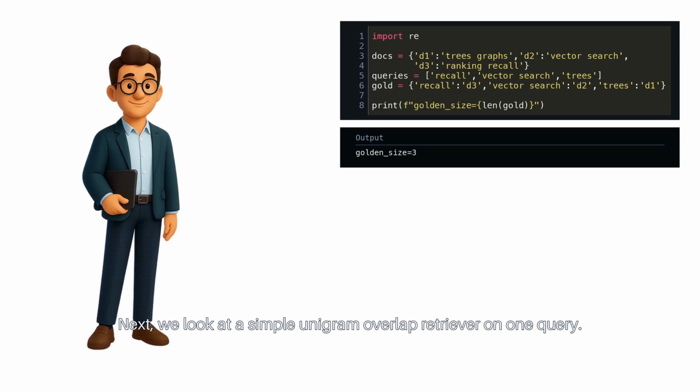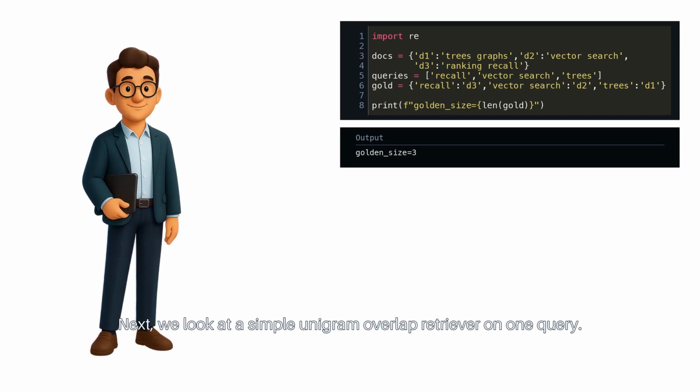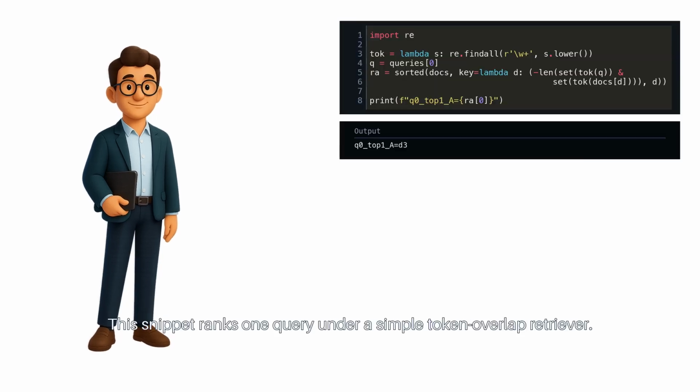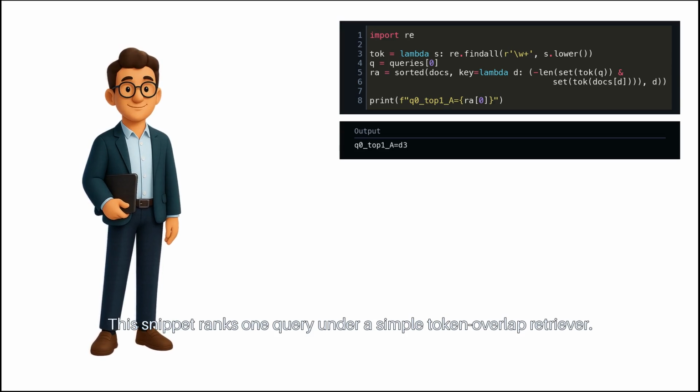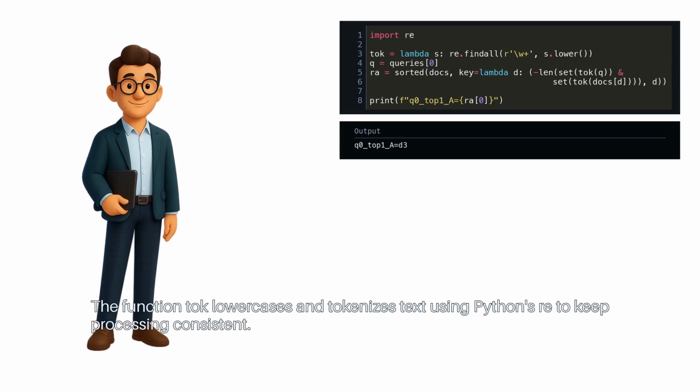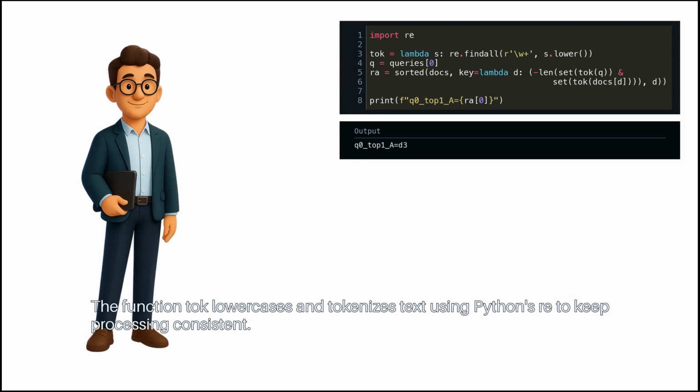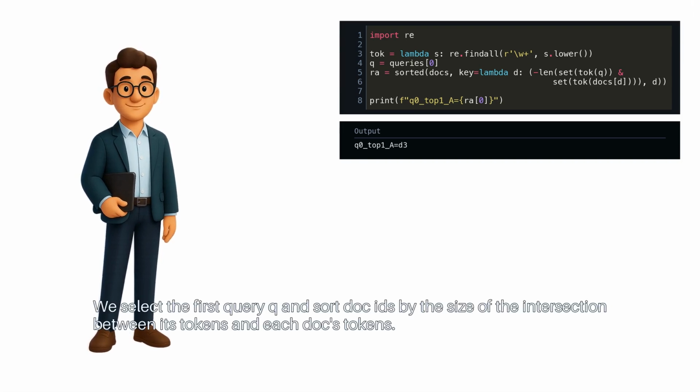Next, we look at a simple unigram overlap retriever on one query. This snippet ranks one query under a simple token overlap retriever. The function toks lowercases and tokenizes text using Python's re to keep processing consistent. We select the first query q0 and sort doc IDs by the size of the intersection between its tokens and each doc's tokens.